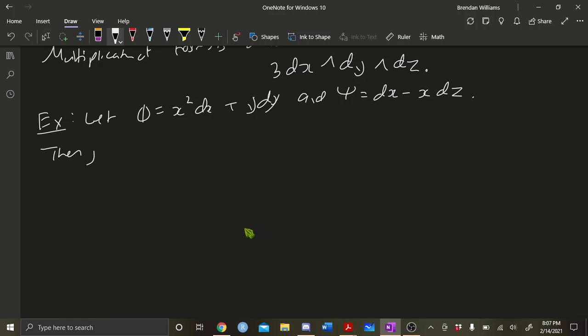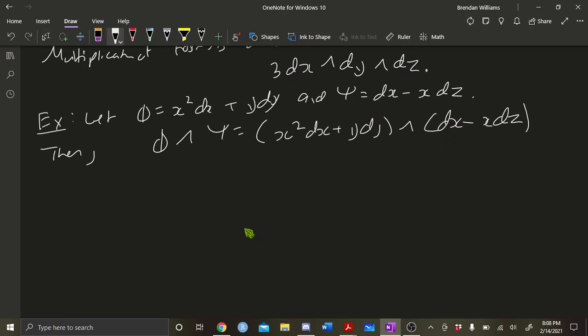Then phi wedge psi is equal to, just plugging psi and phi in, x squared dx plus y dy wedged with dx minus x dz.